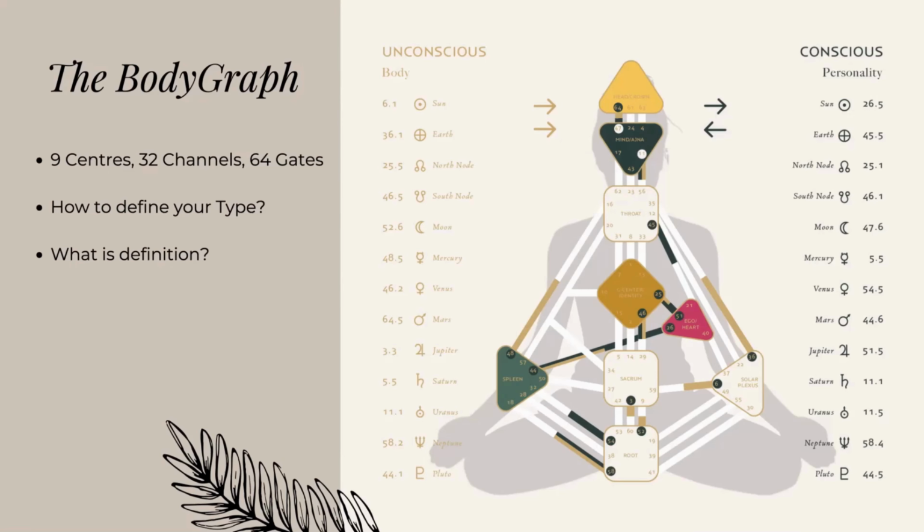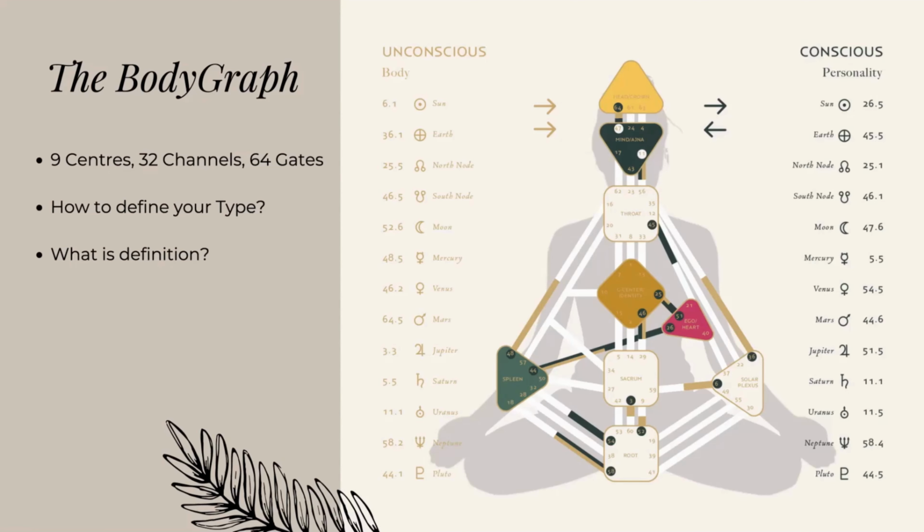But where do these numbers come from? On the right and on the left, you see a lot of numbers that match the gates in the middle, highlighted with these little dots. On the right side, all the numbers there are your conscious potential, and it determines your personality.